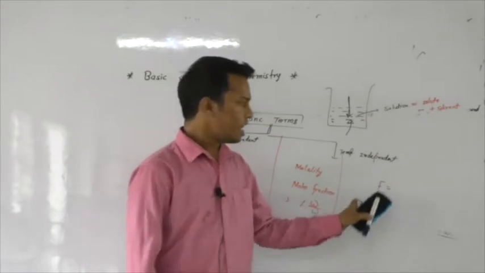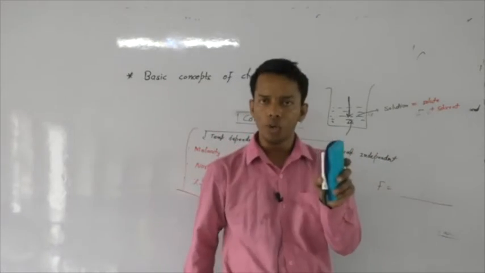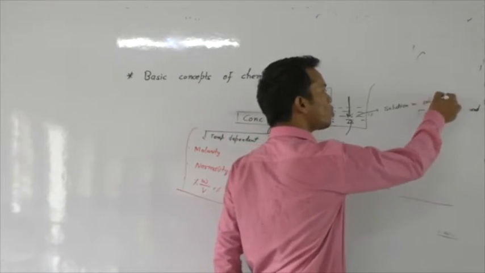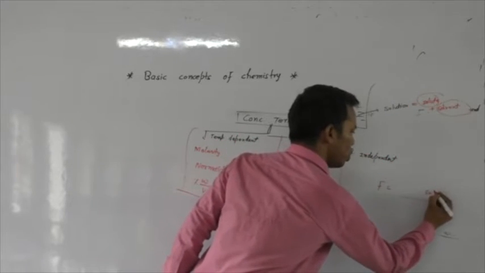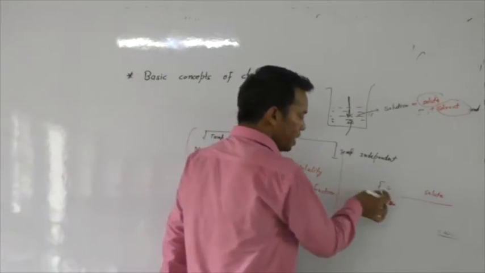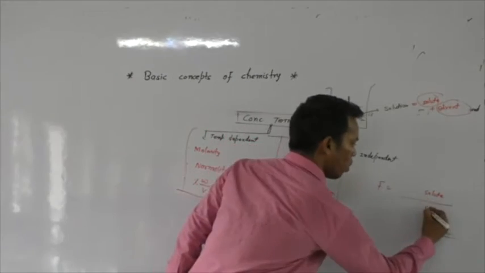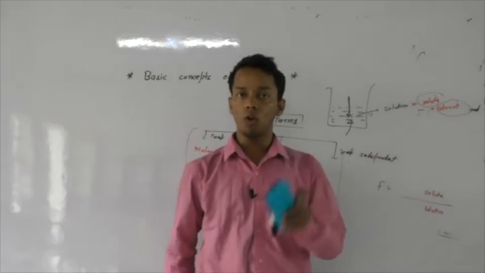For any formula, in the numerator side, always solute will come. I told you, for a solution, solute is there, solvent is there. In every formula, always solute will come in the numerator. In the denominator always solution will come, except one formula, okay?